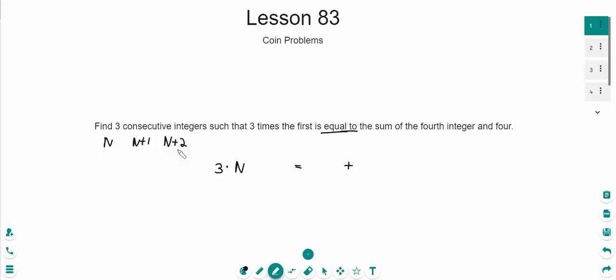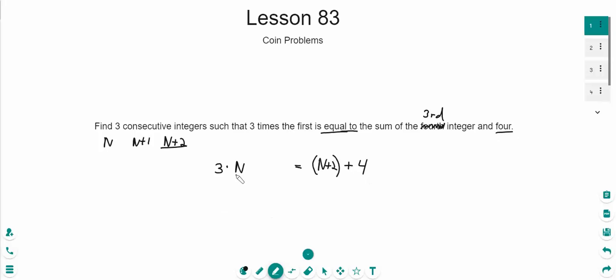Oh, I'm sorry, this is a typo. This should be the third integer. The third integer is n plus 2, and we are adding that with a 4.